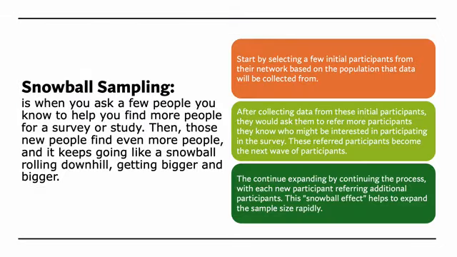And the last one is snowball sampling. And this is when you ask a few people you know and love, and then they help you find more people to do the survey for you. And then those people can even find more people to take the survey for you. And this is just like that snowball that rolls down the hill and gets bigger and bigger and bigger.